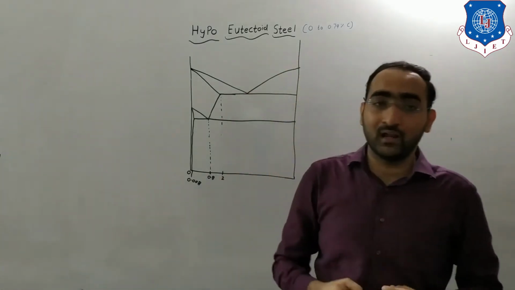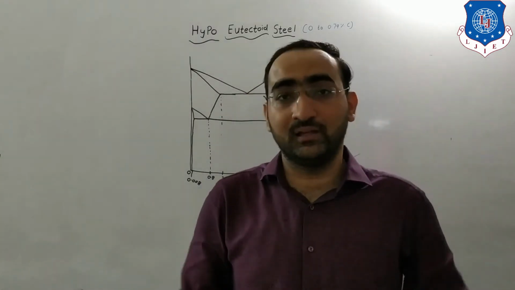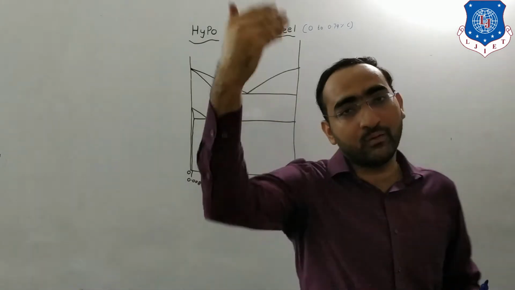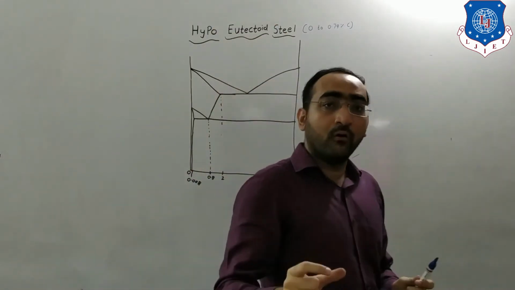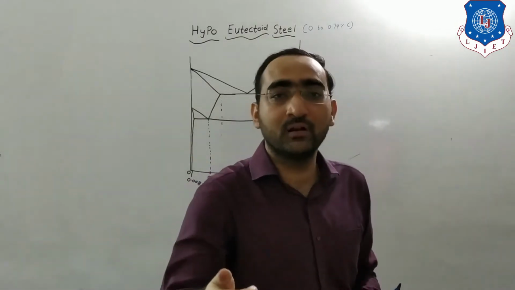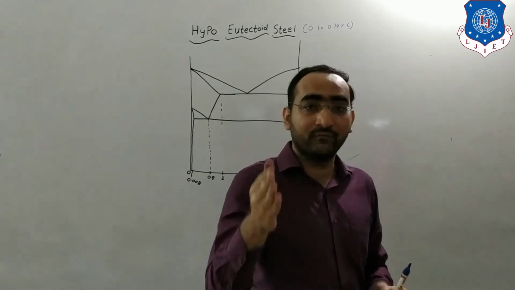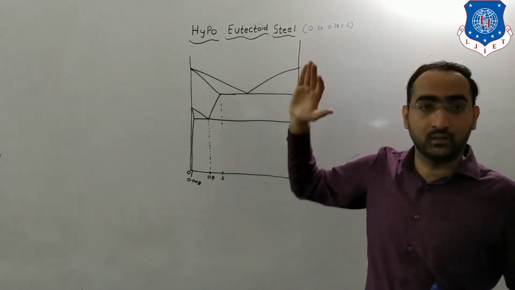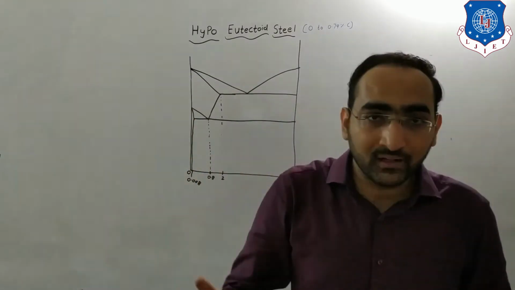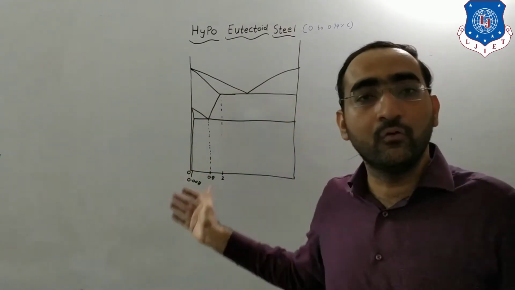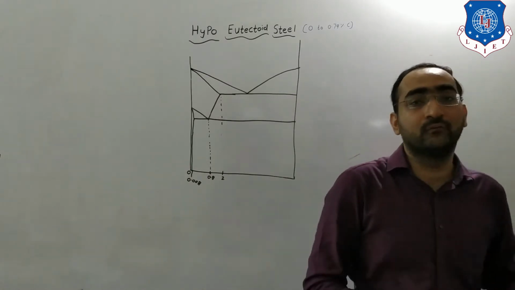Sometimes they will not tell you that it is a hypoeutectoid steel. They will only tell you to draw the solidification structure from a liquid to a solid state of 0.5% carbon. That means you have to understand by yourself that 0.5% carbon falls under hypoeutectoid steel. And if not given, then you have to assume 1% carbon, and then we will be going for the explanatory part.